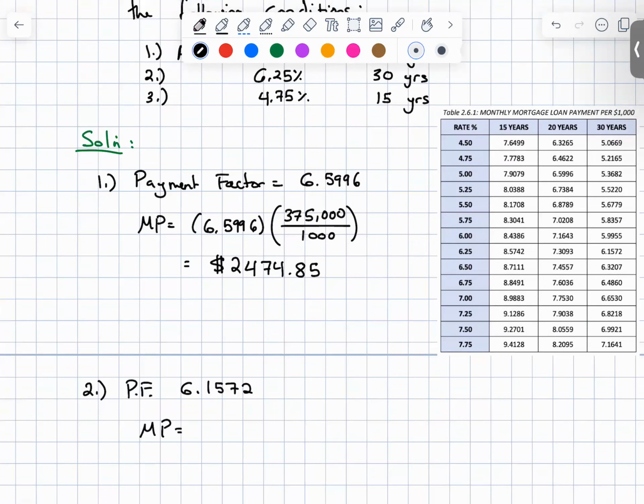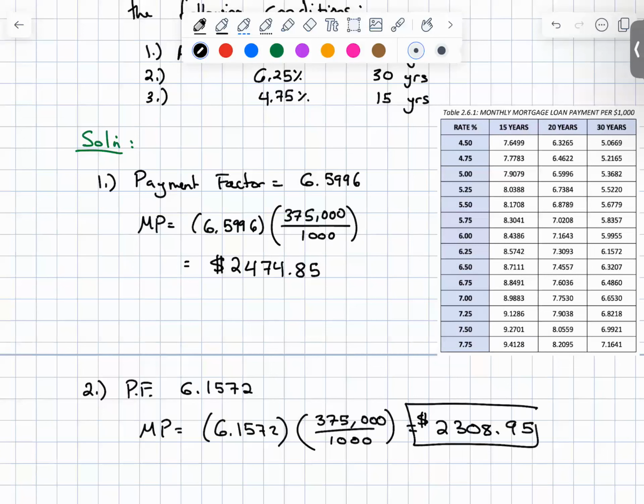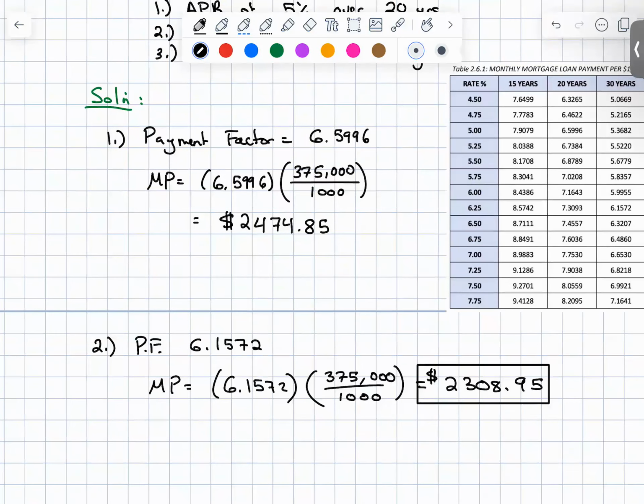So the monthly payment, 6.1572 times 375,000 divided by 1,000, ends up being $2,308.95. So you end up paying about $170 less every month, but you have to do that for 10 more years. It's your choice.